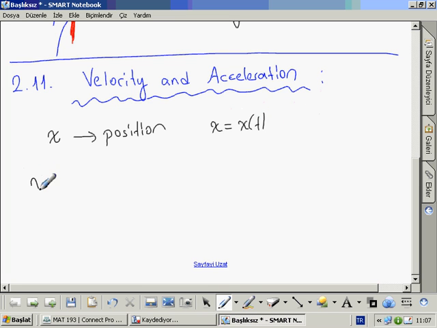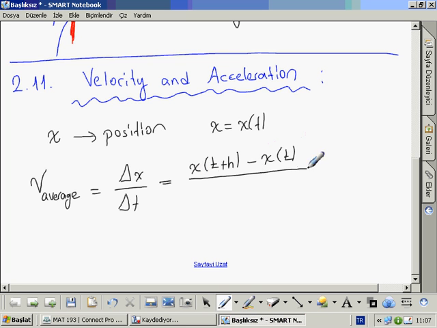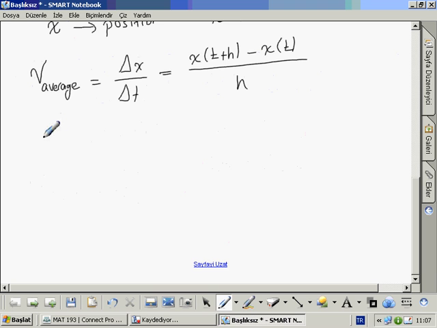The average velocity equals ∂x over ∂t, the derivative with respect to time, and it's equal to x of t plus h, where t is time, minus x of t, over h.